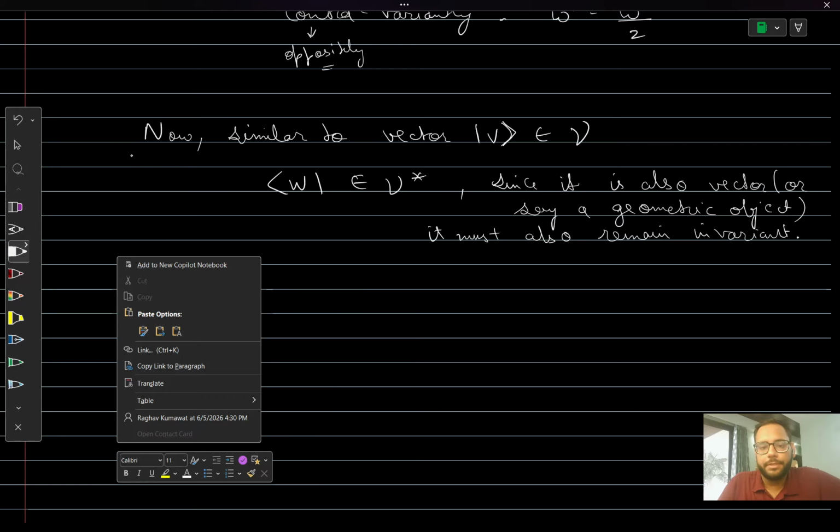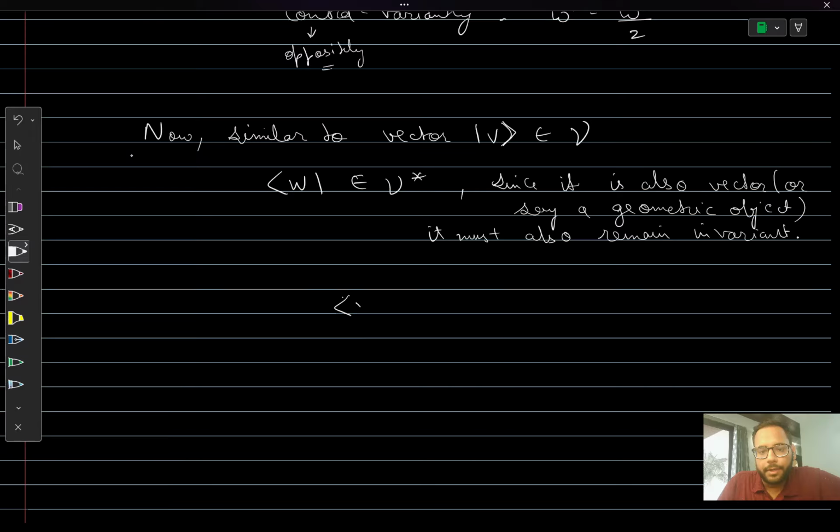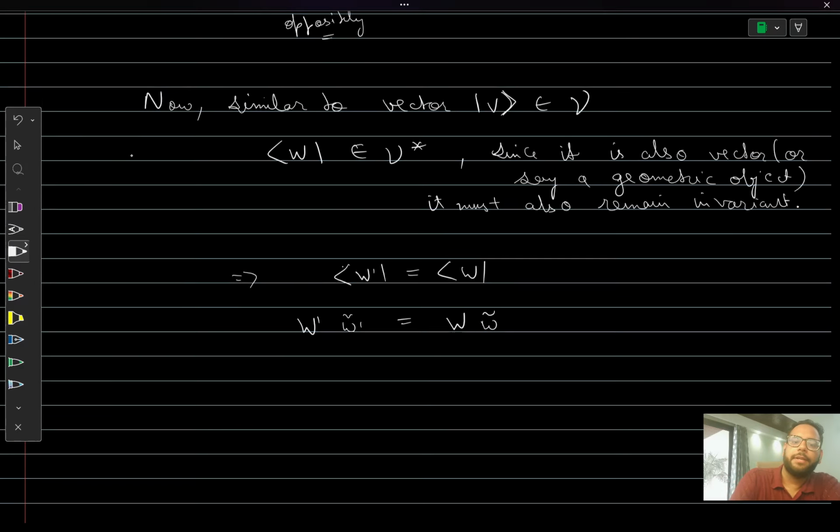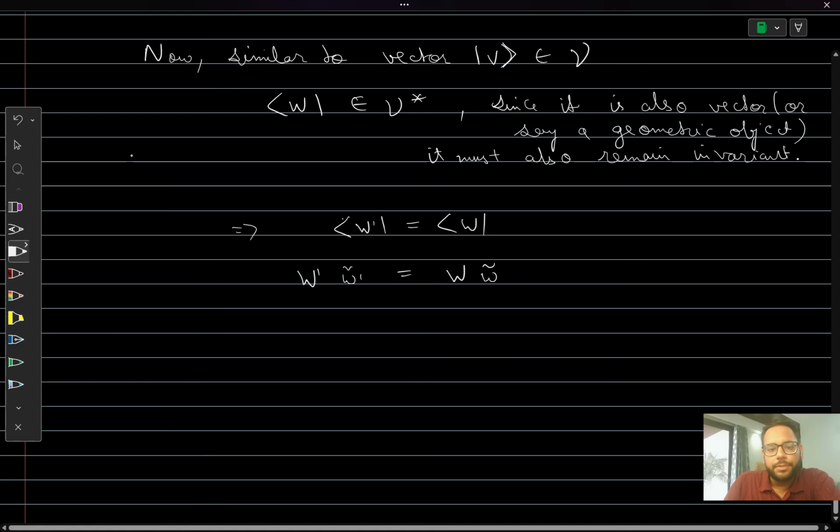So this means my transformed dual vector should be equal to my this one, and its basis is this. This is the transformed one, and this is untransformed. They should remain invariant.